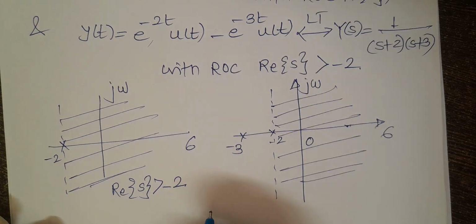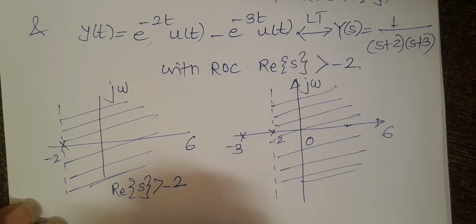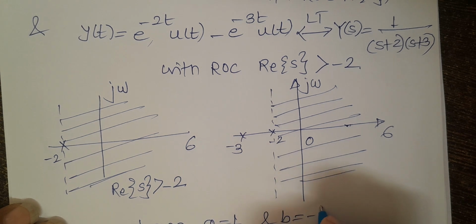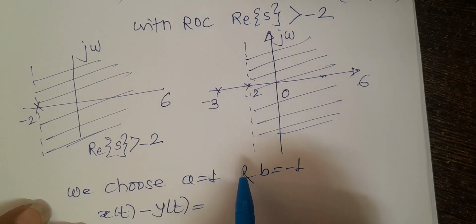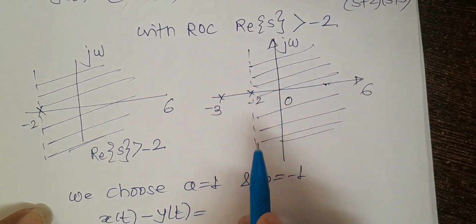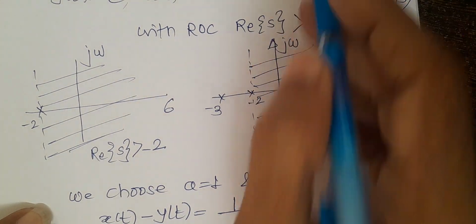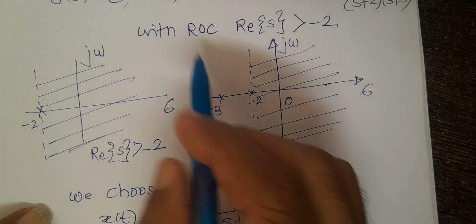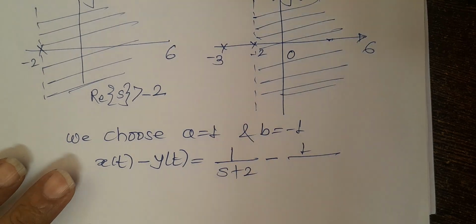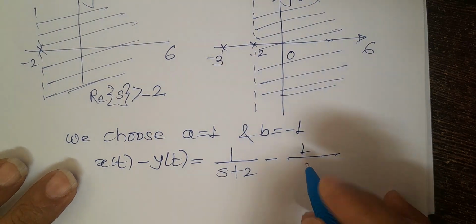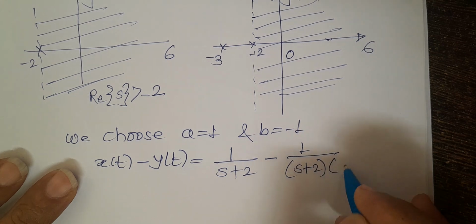However, suppose we choose a equal to 1 and b equal to minus 1, then we have x of t minus y of t. So x of s is 1 over s plus 2 minus y of s, which is 1 over s plus 2 times s plus 3.